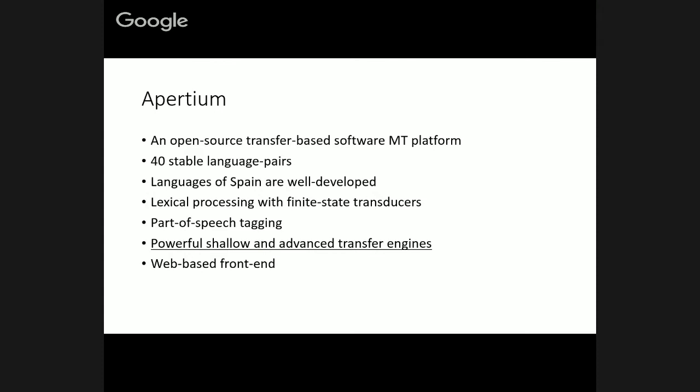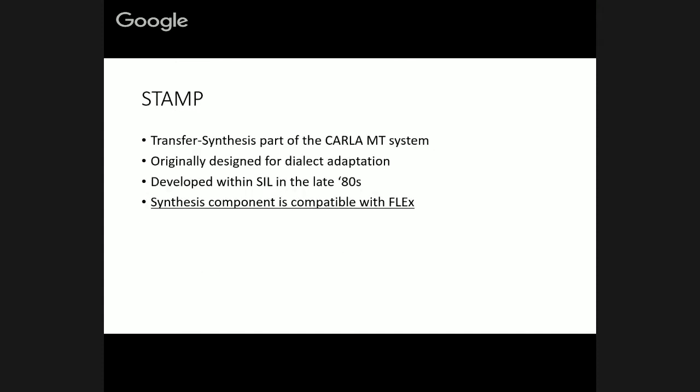Universities use it for translating, and there's a web front end. You can go check it out. It's got this key component, a powerful shallow transfer-based engine, which I'm including into my system, and I think it makes it really good.